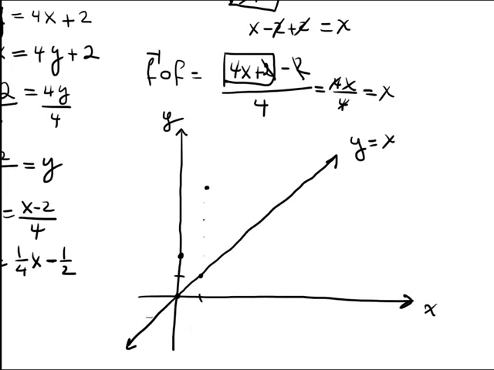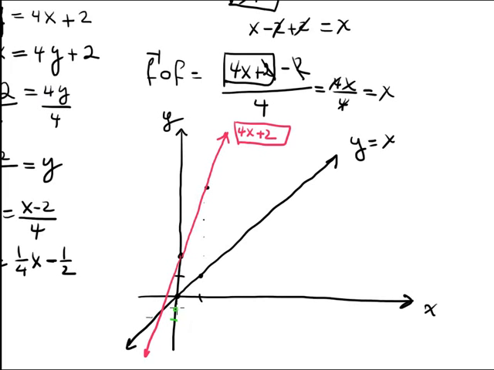Okay, let me change the color. This is a typical line function. This is 4x plus 2. This is the original. Okay, this is negative 1/2. Negative 1/2 is here.